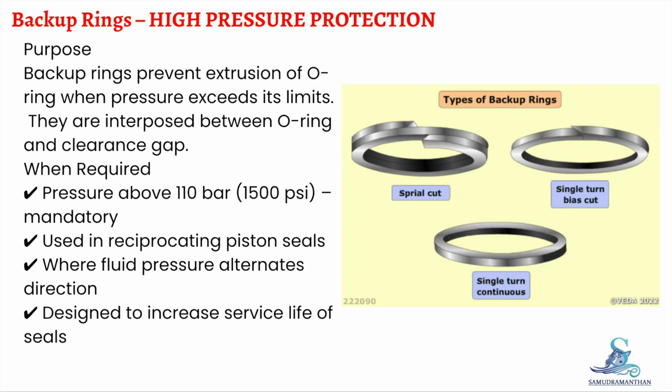Backup rings are used when pressure becomes too high for a normal O-ring. They prevent extrusion into the clearance gap, especially during reciprocating motion. It is required when pressure is above 110 bar. It is used in reciprocating piston seals when there is alternating pressure direction, and to extend O-ring service life.